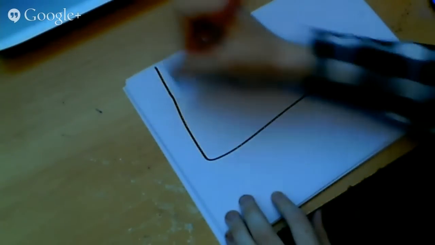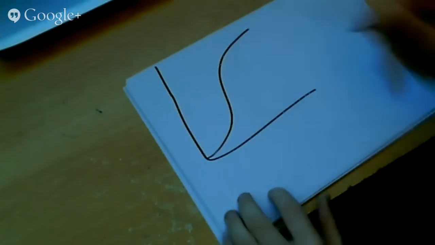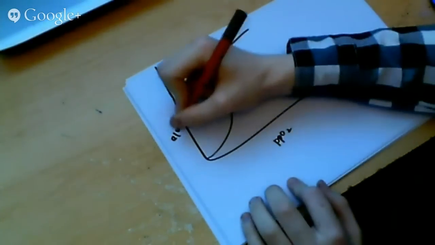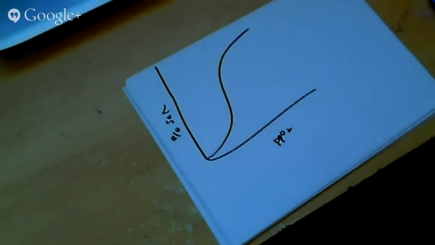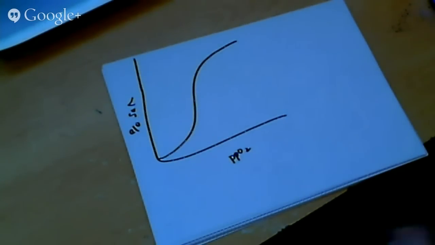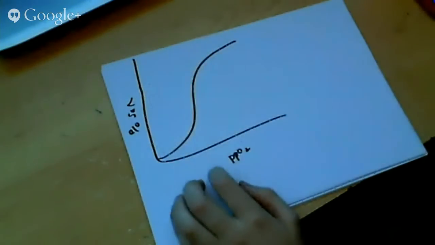Right, Bohr shift. S-shaped curve. We know this, so this is partial pressure of O2, percentage saturation. Basically, firstly, the point, fetal hemoglobin has a higher affinity for oxygen.